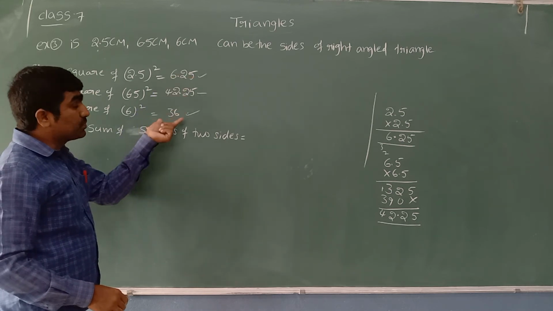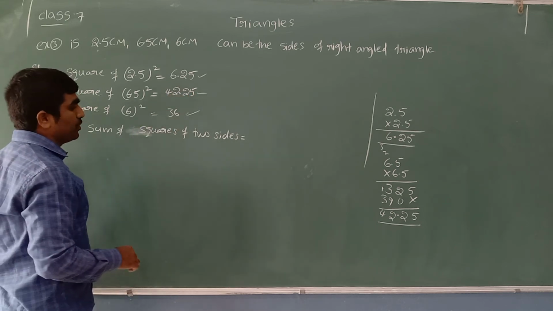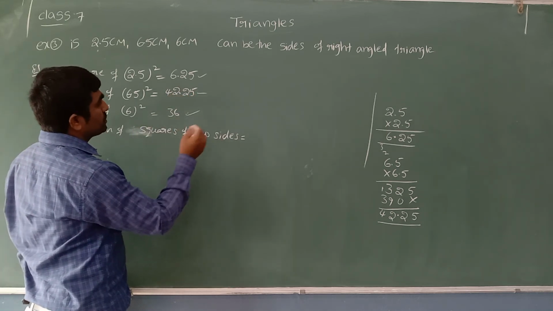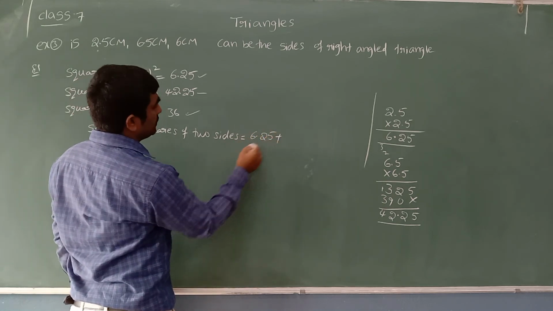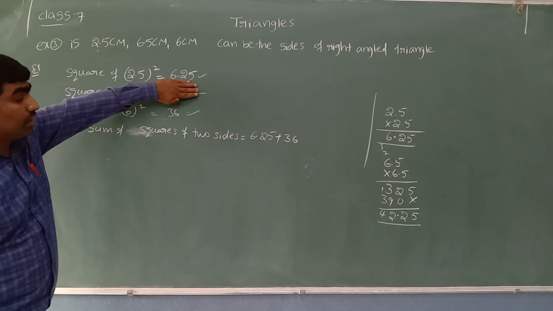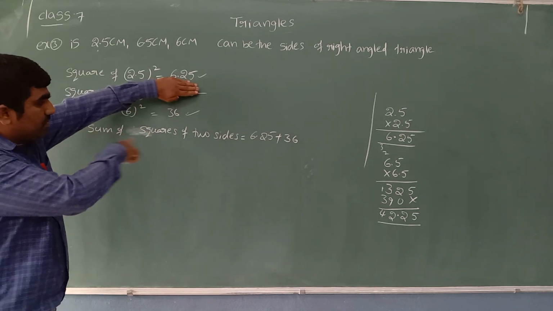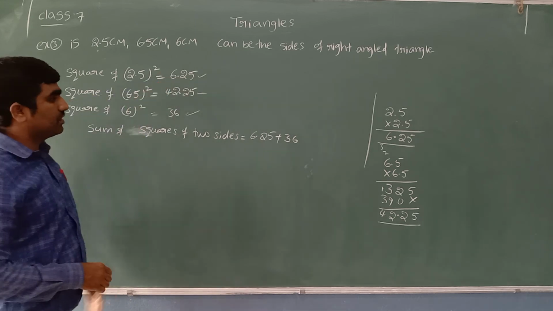By adding these two smaller ones, if we get a value equal to the greater one, then a right angle triangle is possible. Sum of squares of the two sides is equal to 6.25 plus 36. Except the greatest length, add the remaining two sides.